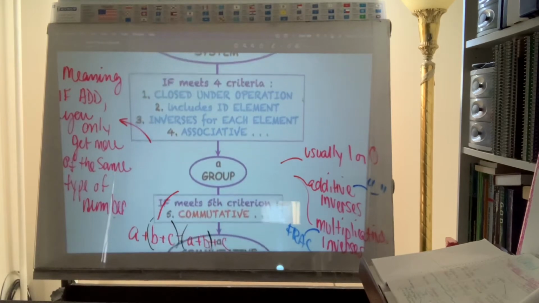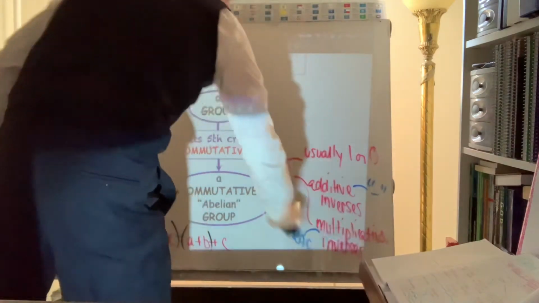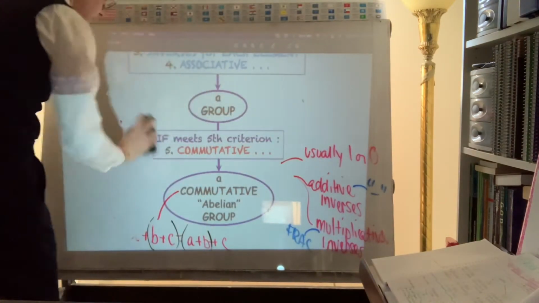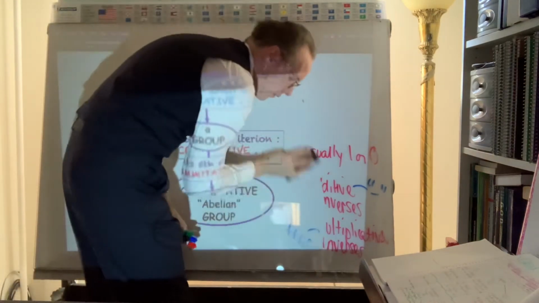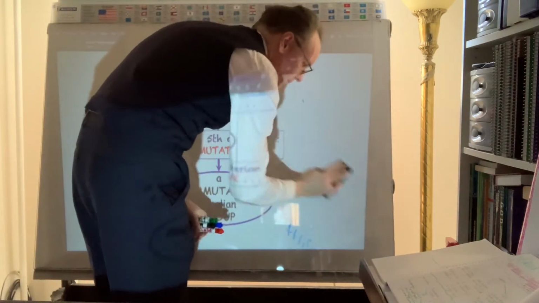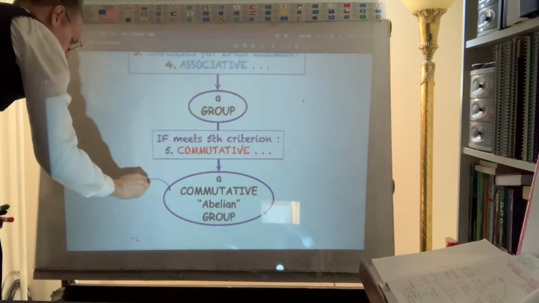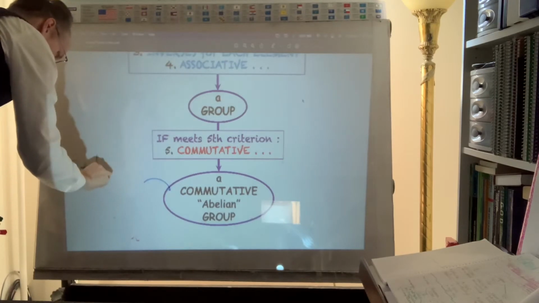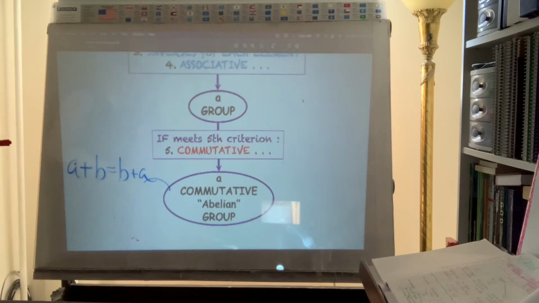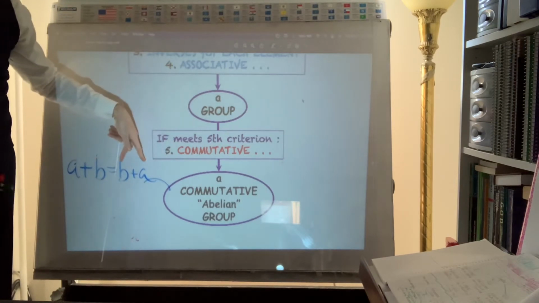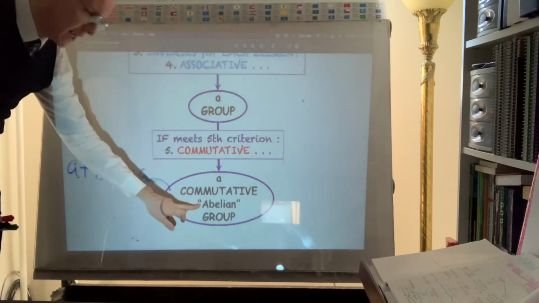If your group then meets a fifth criterion, which is that in addition to being associative, it happens to be commutative as well, and remember, the commutative property is when you're adding two things or multiplying two things, if every possible combination of the elements of a set proves to be commutative, then you have an abelian group.